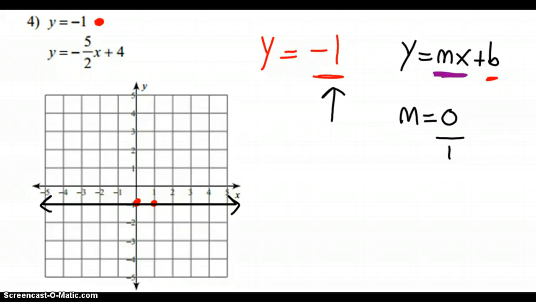Now our second equation will work just like normal. It tells us to start at +4. Then it wants me to use my slope of going down 5 and to the right 2. As we go down 5 and then go to the right 2, we'll see that we intersect our line at this spot right here.